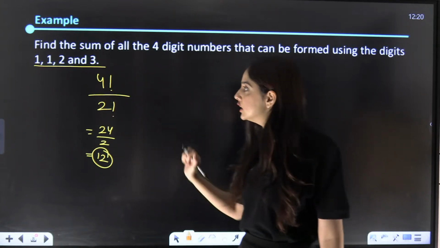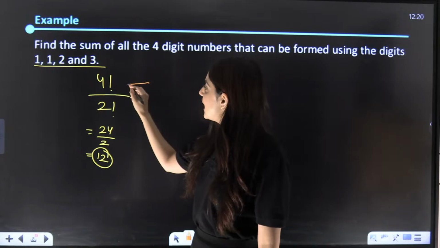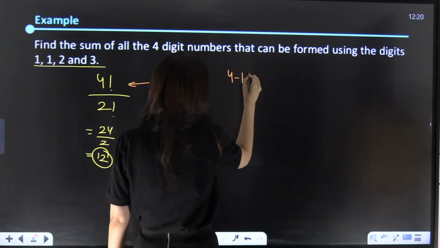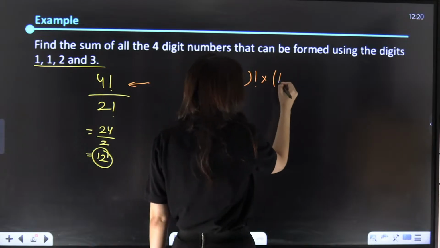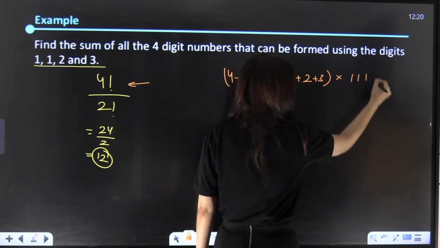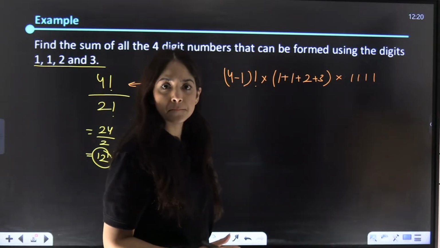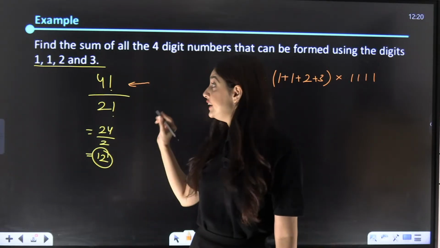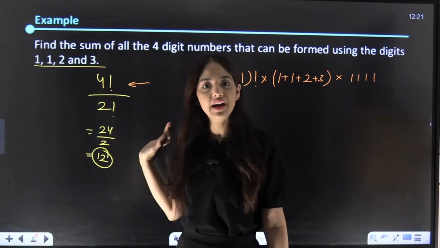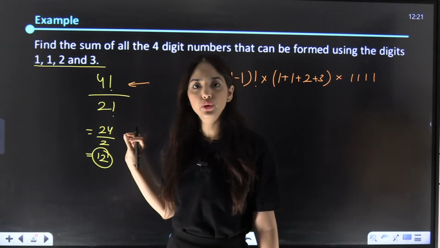For example, here we take the entire sum. The entire sum is 4 minus 1 factorial into 1 plus 1 plus 2 plus 3 into 1, 1, 1, 1. This is the entire sum. But we are counting each case 2 factorial times. That is why we divided the entire thing by 2 factorial, right?